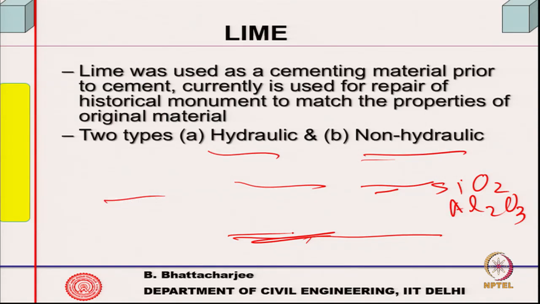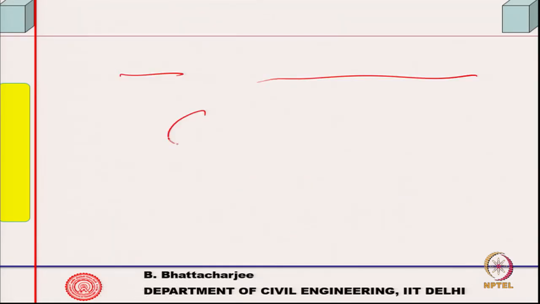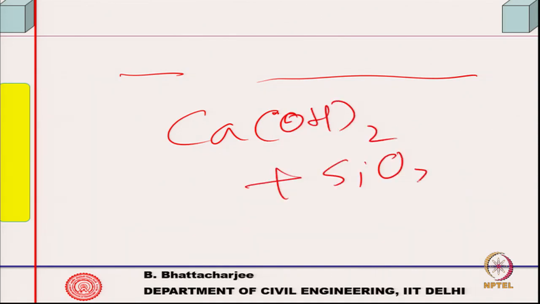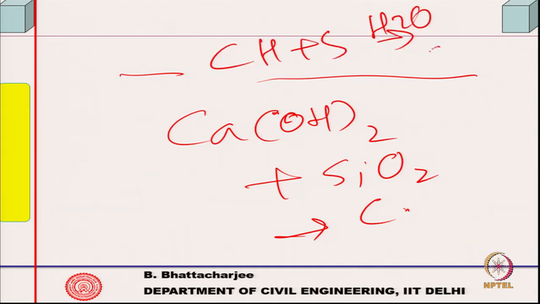So, basically what is happening is your calcium hydroxide is reacting with some sort of silica, forming calcium silicate hydrate, or rather if I write it in that form, CH plus S in the presence of some water would form CSH.